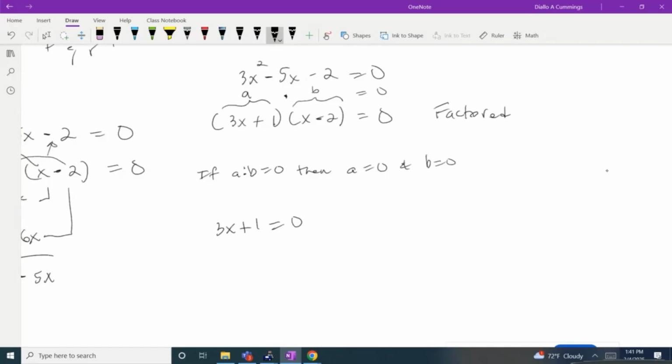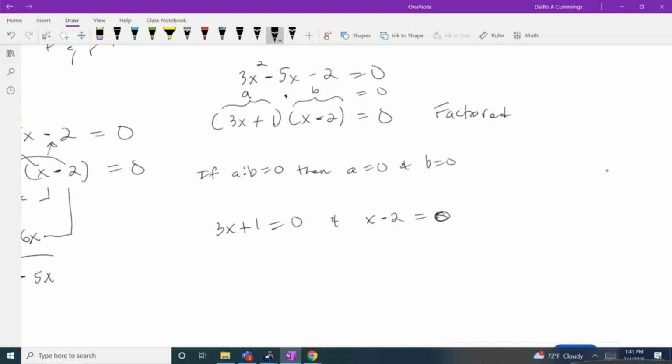And I can set b, which is x minus 2, equal to 0. And now I can solve for x. Notice that these equations now are linear because I don't have that second power anymore. So in order to solve these, we're going to use those 6 steps to solve a linear equation.